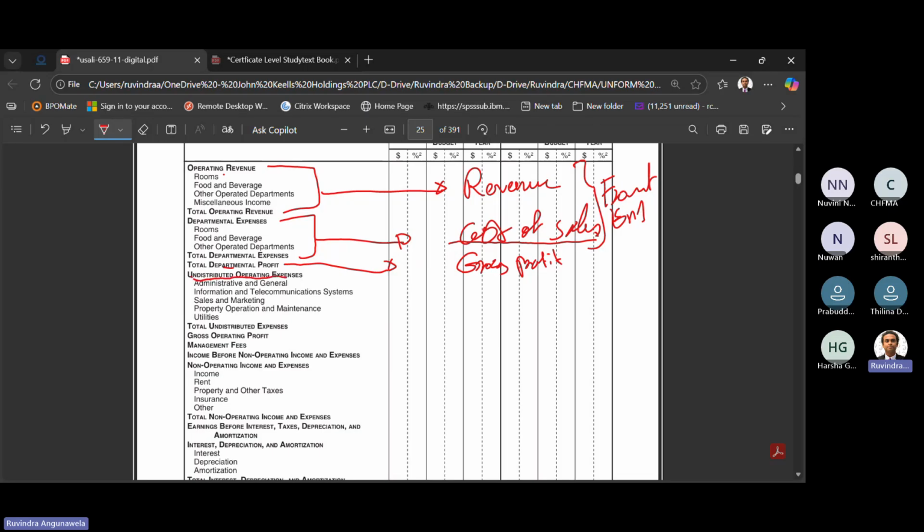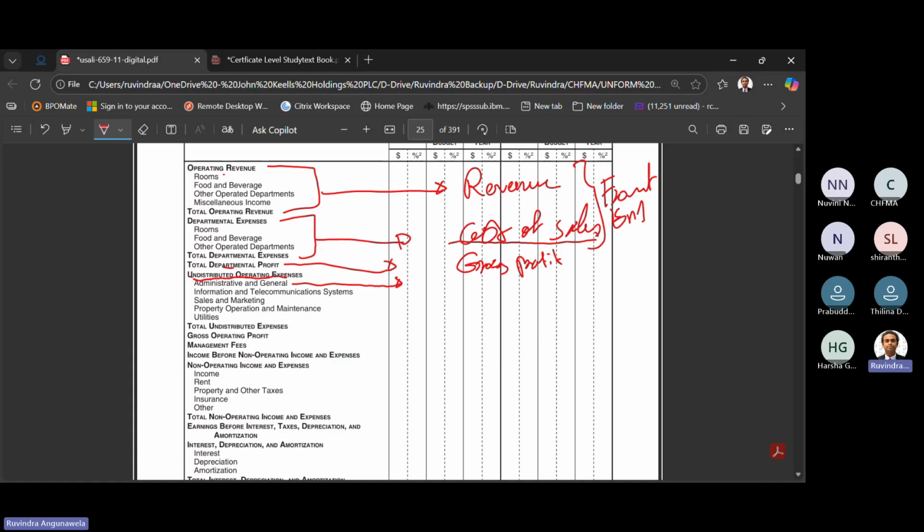Why is it called undistributed operating expenses? Because these expenses are not apportioned to a specific department, because they service all the departments: rooms, food and beverage, the other operating departments. Everybody is serviced by these backenders. So it's called undistributed operating expenses. So we have administration and general, the first line.